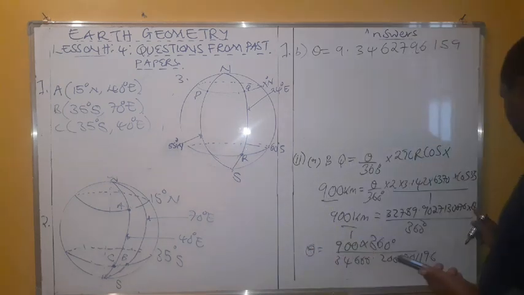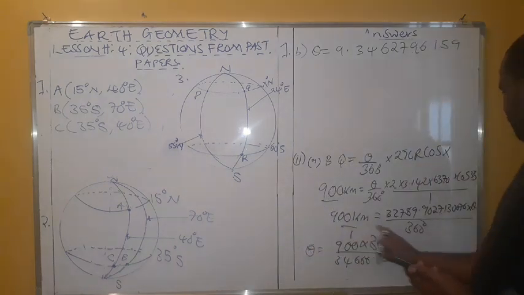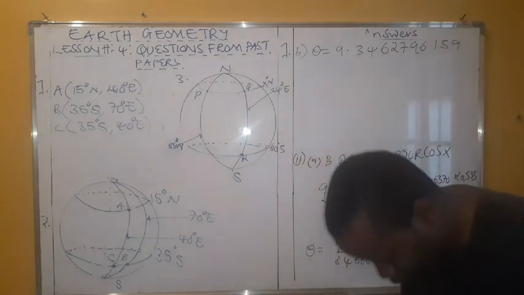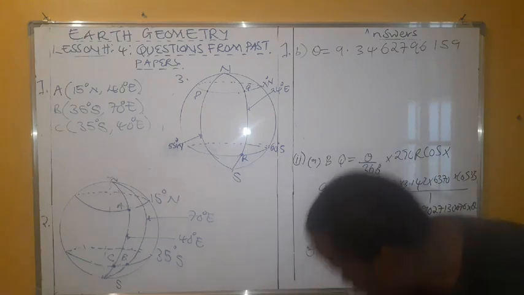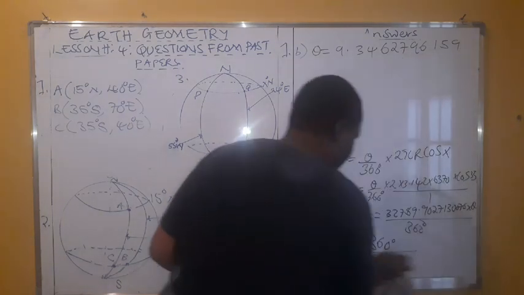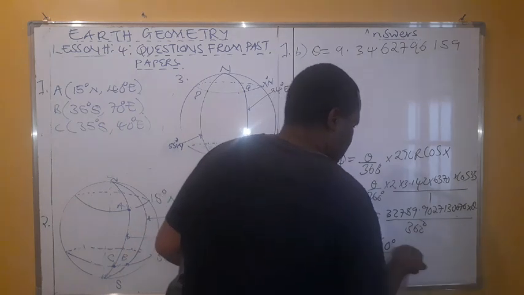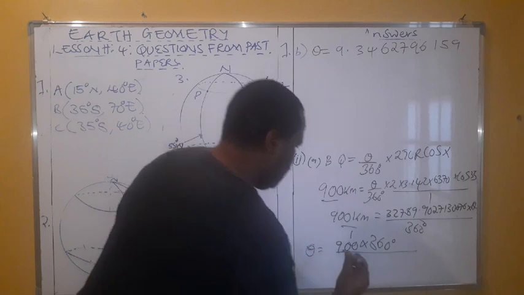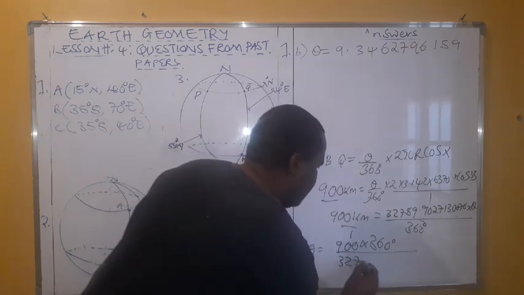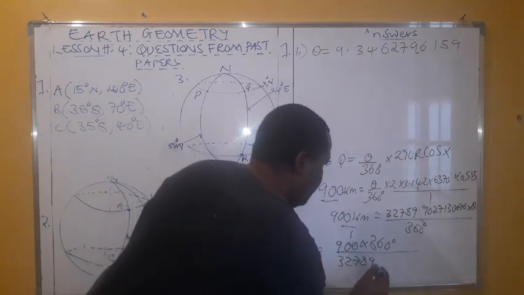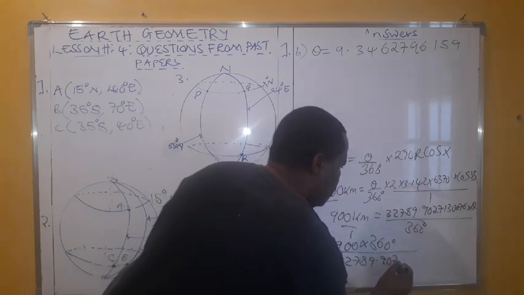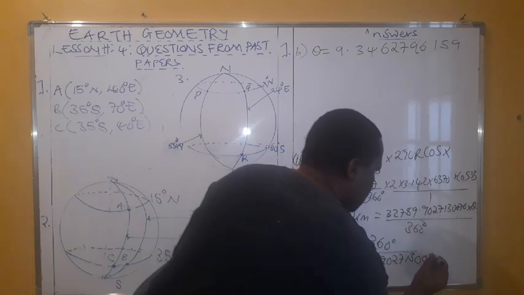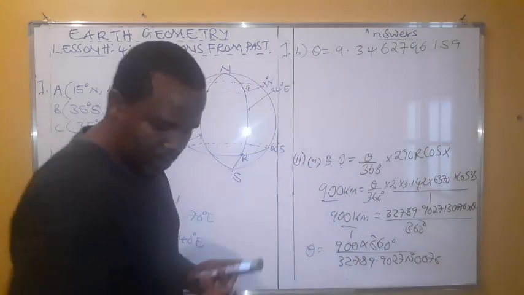So how you get your theta now is you multiply this by that, then divide by the same number, 32,789.9027130076.